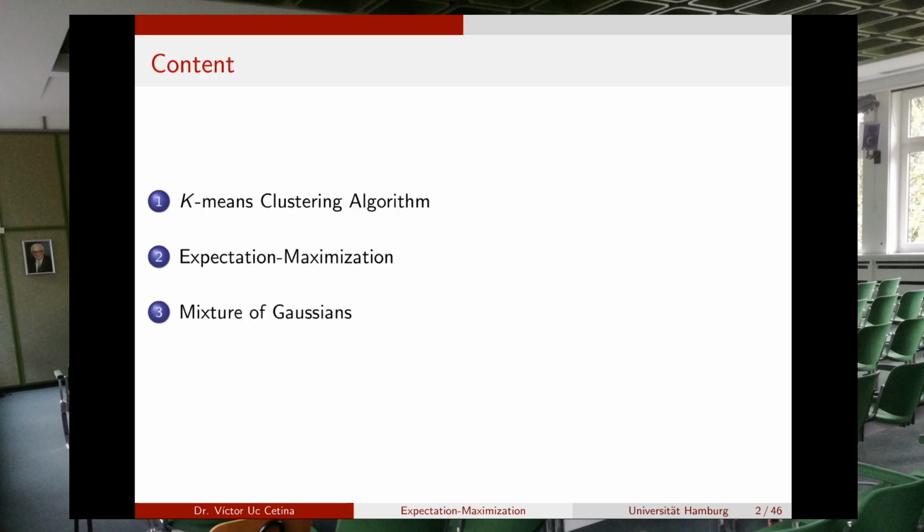So in this talk, I will cover k-means, which can be seen as a very special case of mixture of Gaussians, and both methods can be understood from the expectation maximization approach.